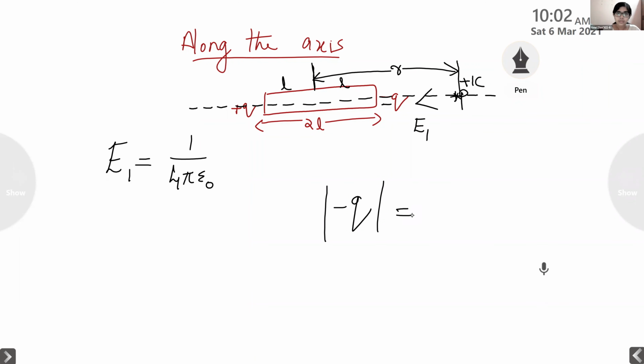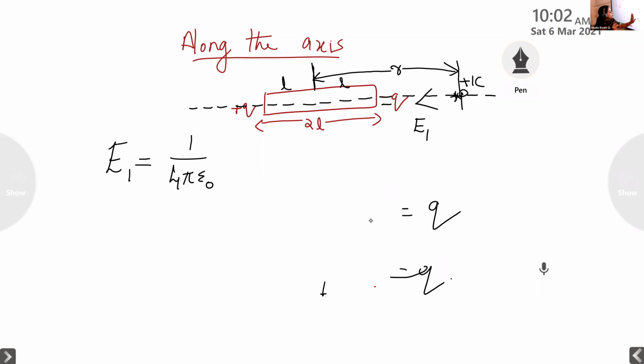The modulus of a negative quantity is always positive. So it is Q. Modulus of plus Q is also equal to Q. So here we can take it as Q.